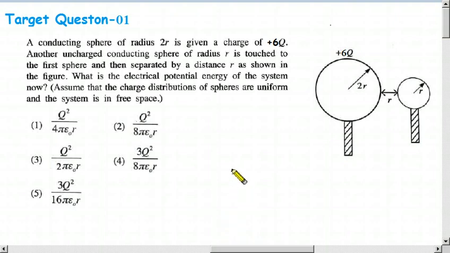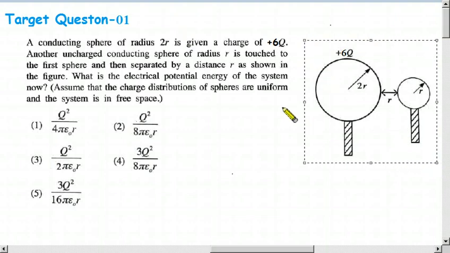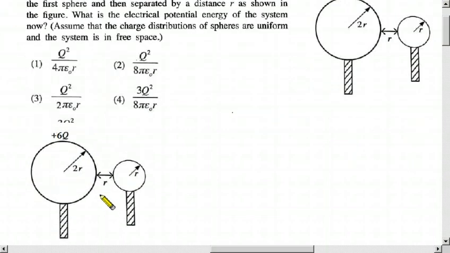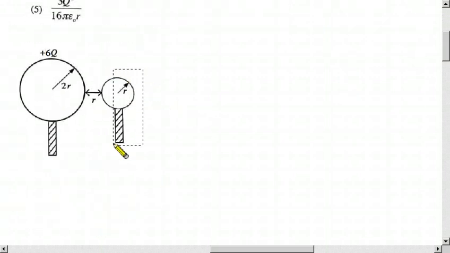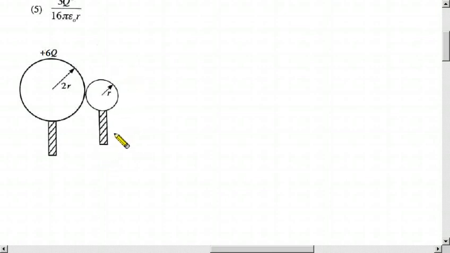Now I am going to start the calculation. So let us take a copy. After touching, suppose that this one gets an amount of x, so this one has 6q minus x now.